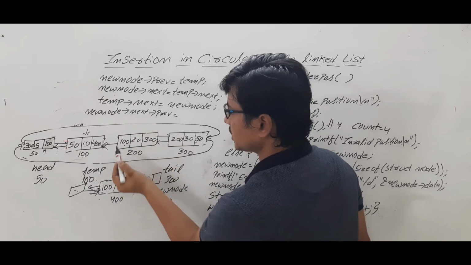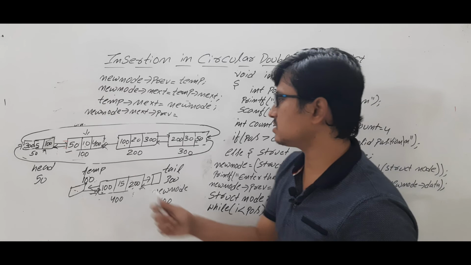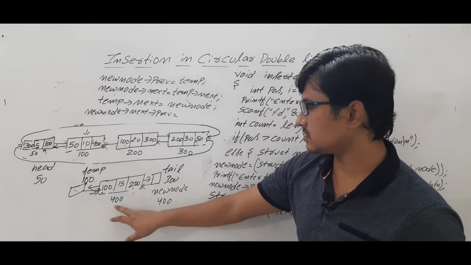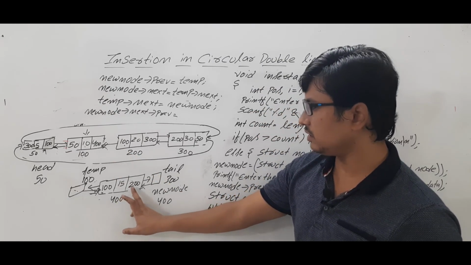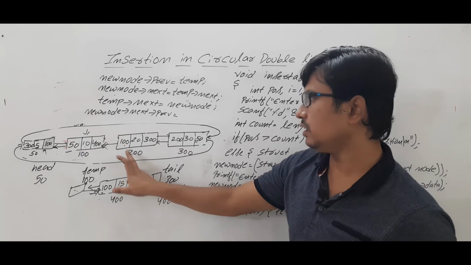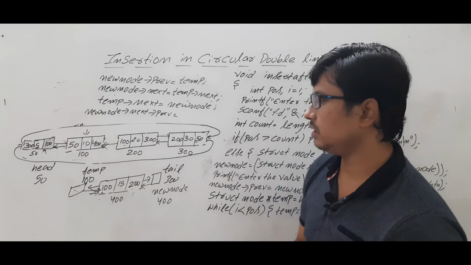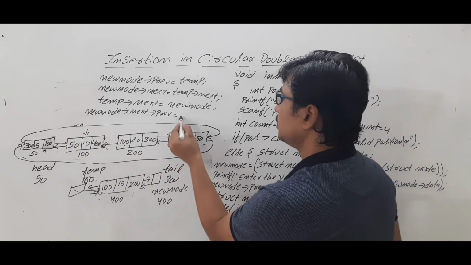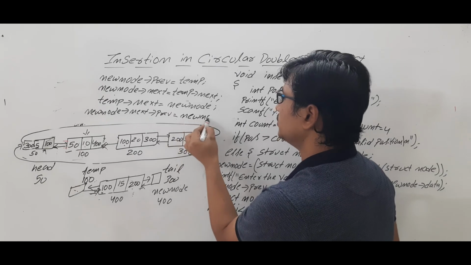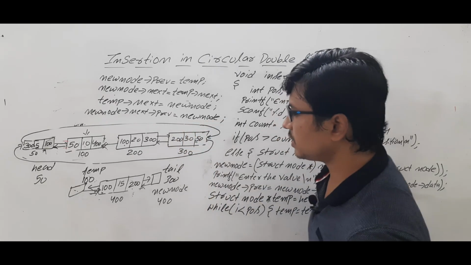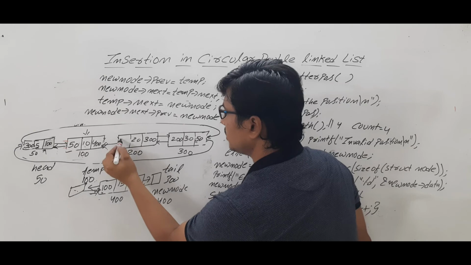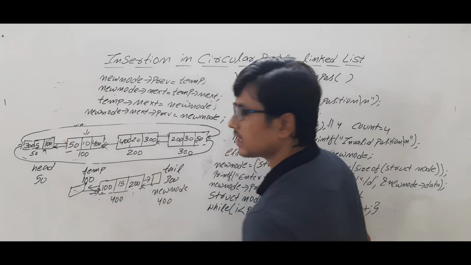Meaning is that this location you are talking. See, you want to access this location. How you can access? New node is 400. 400 of next is 200. 200 of previous is this one. What you want to assign here? You want to assign the new node value. So what is that one? New node is 400. So this link has been connected like this.